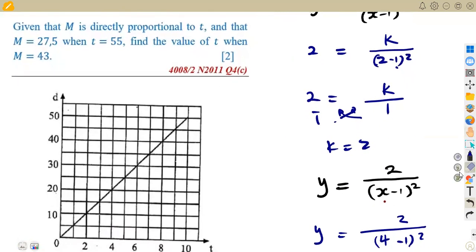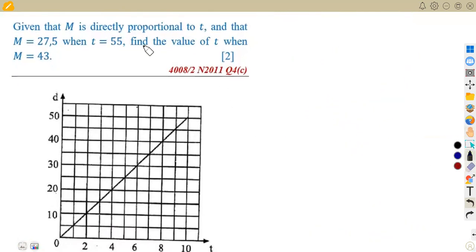So sometimes you do not have the relationship, but you need that relationship in order to answer the question. Like this part again, they are not even asking us the relationship. Given that M is directly proportional to T, M varies directly as T. But they are just giving us information. Find at the end the value of T when M is equal to this.